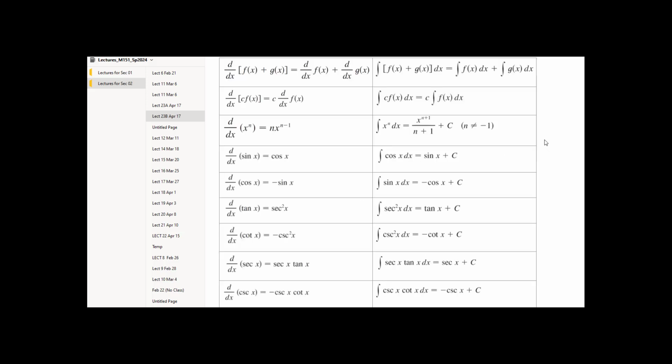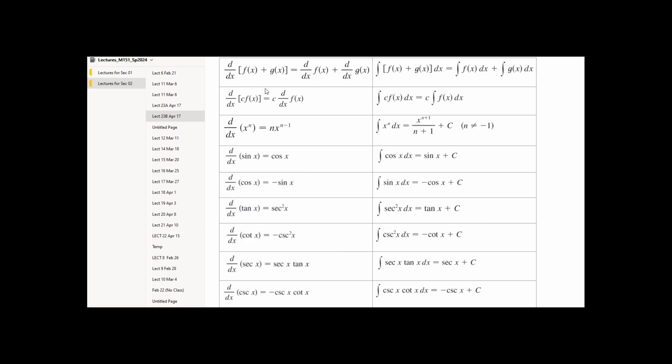Now, when we learned derivatives, we learned a bunch of formulas, and each such formula can be translated to an indefinite integral formula. So in this table on the left, we see some derivative formulas, and I have the translation to indefinite integral formulas on the right.